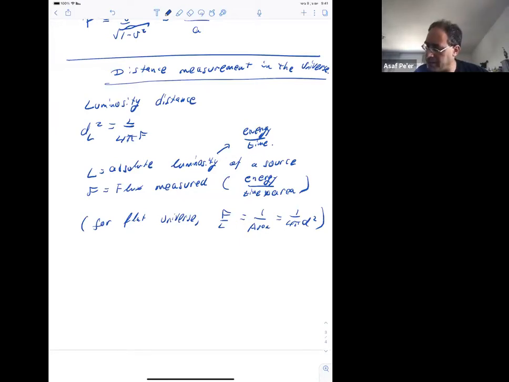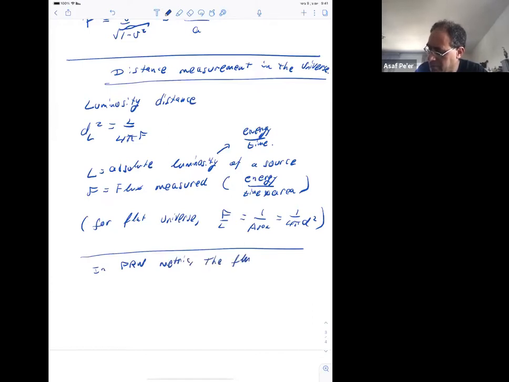Now, when we speak about the Friedmann-Robertson-Walker metric, right, obviously the flux is going to be diluted relative to a flat metric. Right? And for the FRW metric, flux will be diluted. Why?